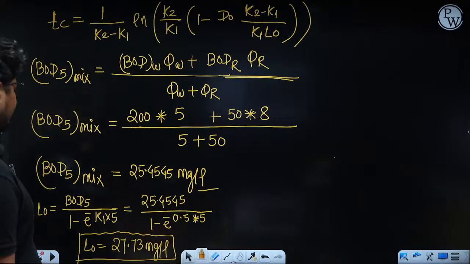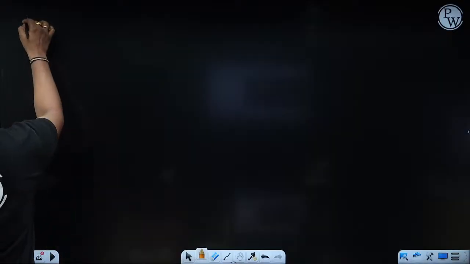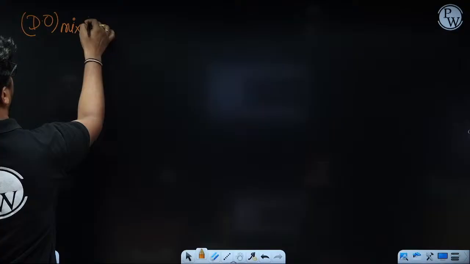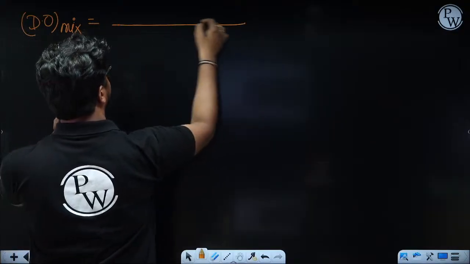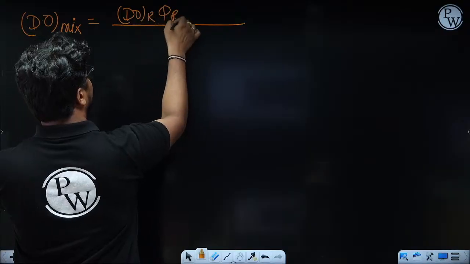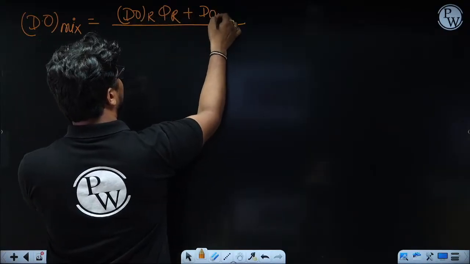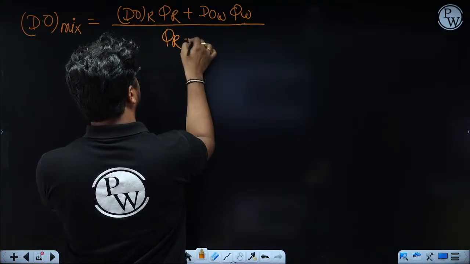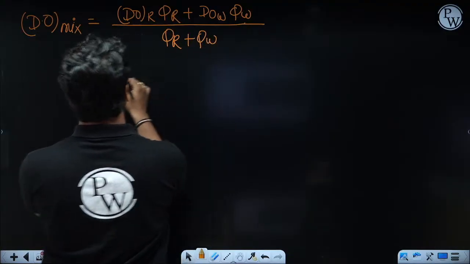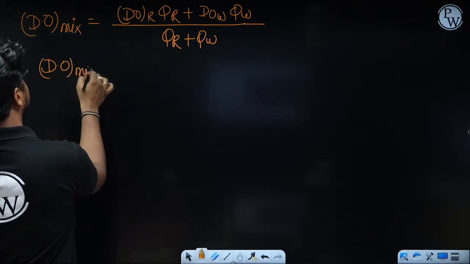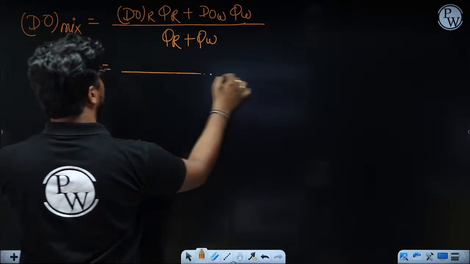Now we have to go for DO mix. Again, a similar type of formula: DO of river into QR plus DO of wastewater into QW, divided by QR plus QW. So DO mix, how much are you getting?